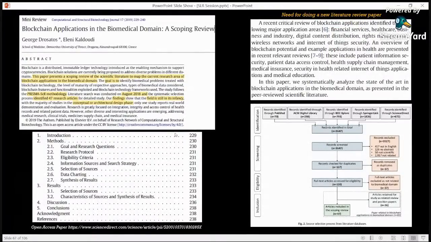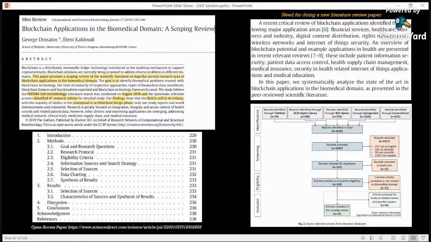All right, so if you look at the abstract here, it clearly states the paper presents a scoping review of the scientific literature to map the current research area of blockchain application in biomedical domain. So that is their main objective.